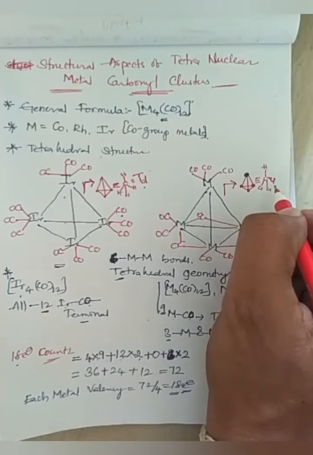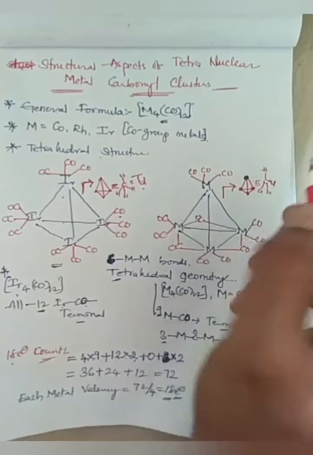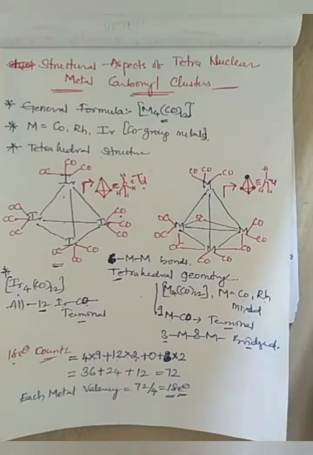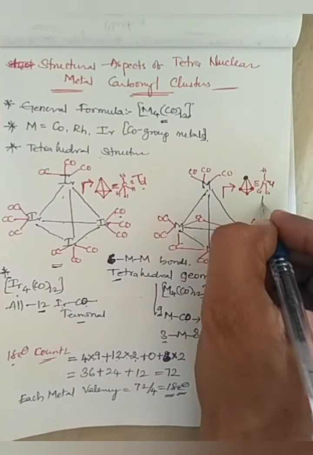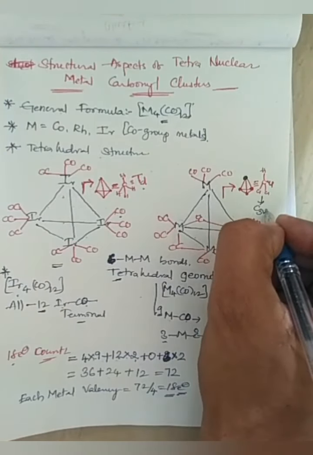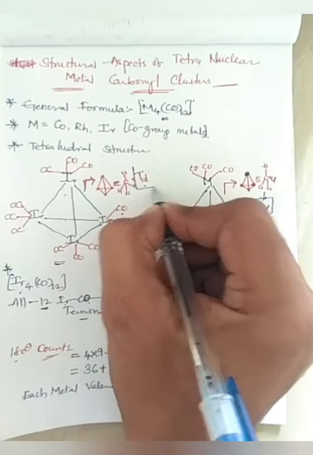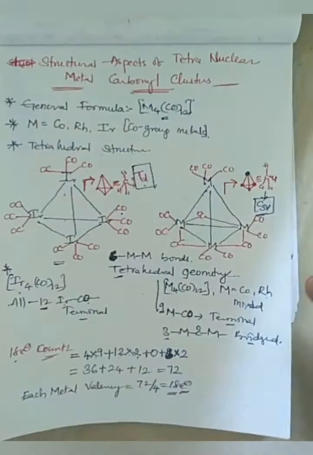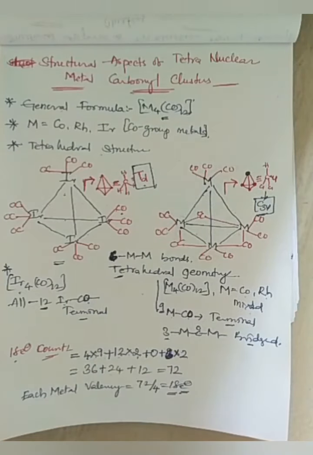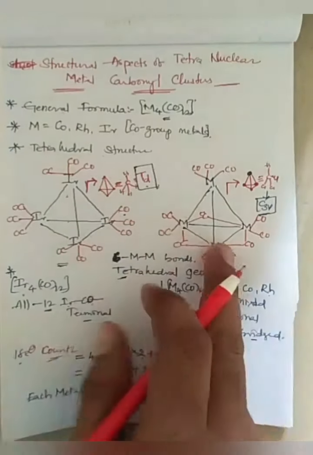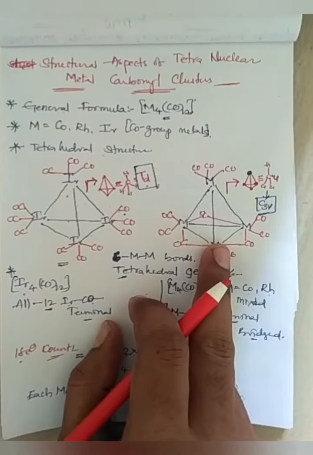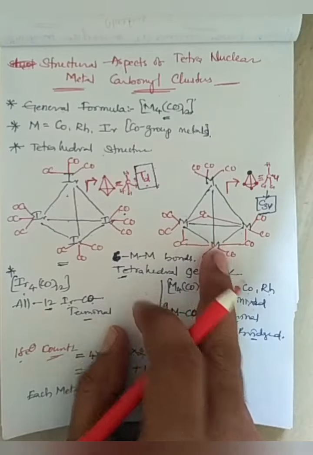Chloroform has the point group C3v. So like that, the point group variation defines the structural difference between the two types of tetranuclear carbonyl cluster structures.